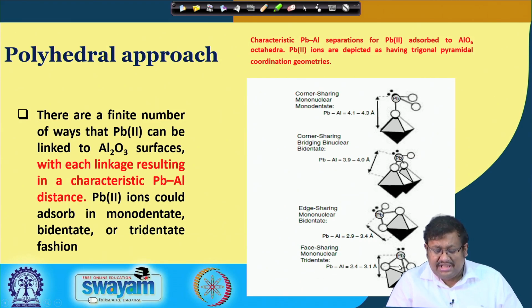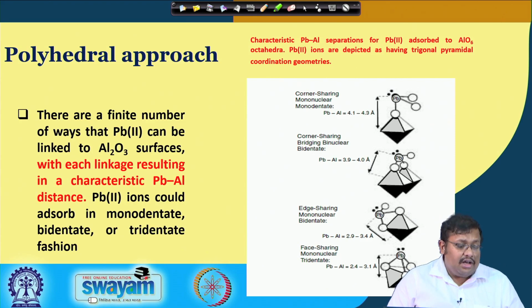And also face sharing mononuclear tridentate. You can see it is linked with three oxygen atoms, which are attached to three corners of a face of an octahedron. So, it shows the mononuclear tridentate octahedral coordination.